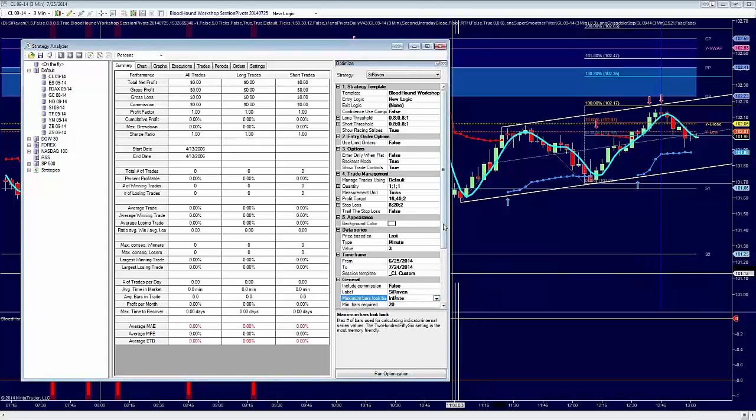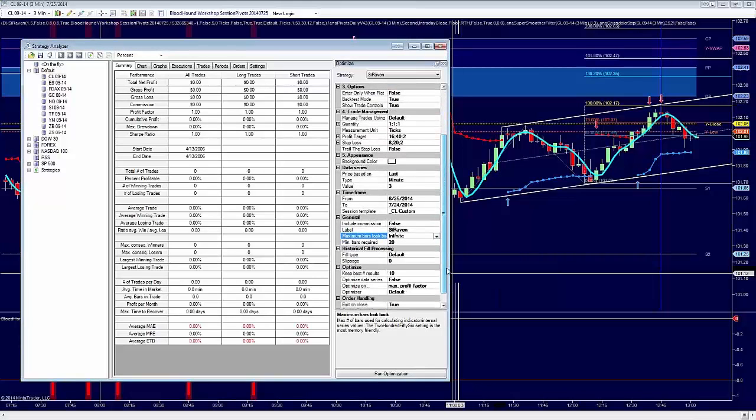Doesn't matter, but I always set it to infinite. Include commission, I don't have one defined. Keep top 10 best results. We're not optimizing the data series, and we will optimize on the maximum profit factor or total net profit. Let's say net profit, which is going to be similar to the profit factor.